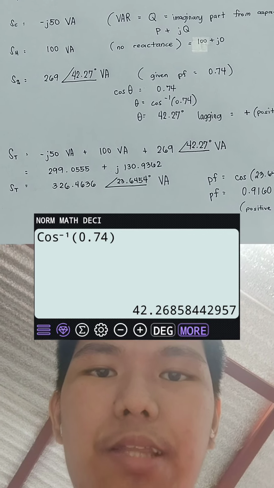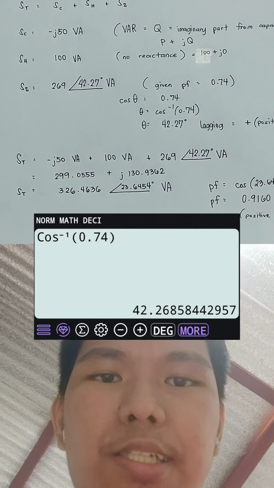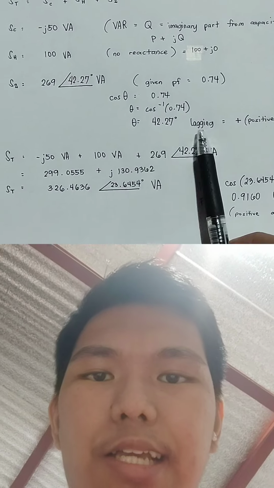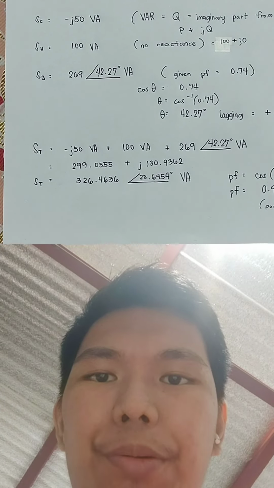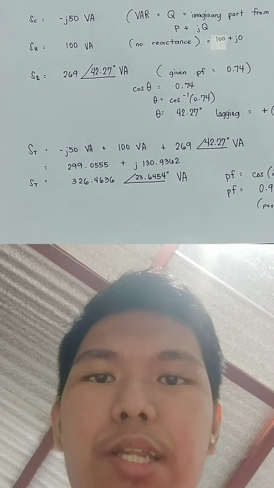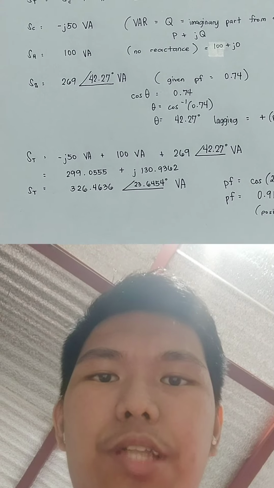Now, theta is equal to 42.27 degrees lagging. Since it is positive, it is lagging. Now, our complex power for the impedance is 269 angle 42.27 volt-amperes.